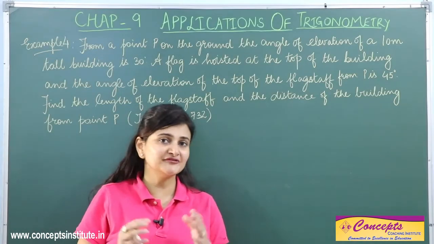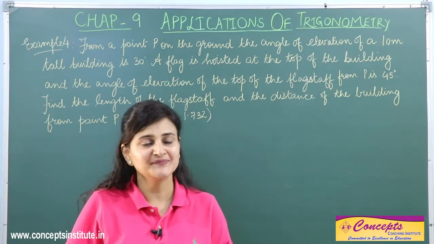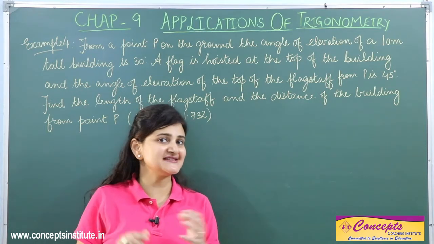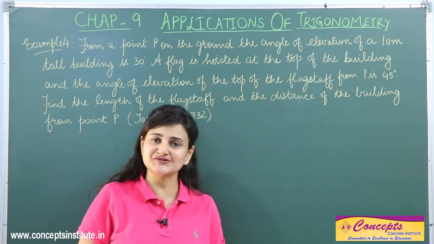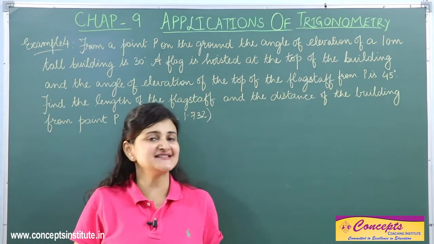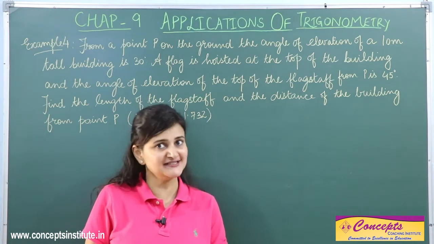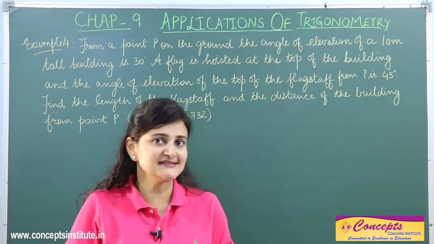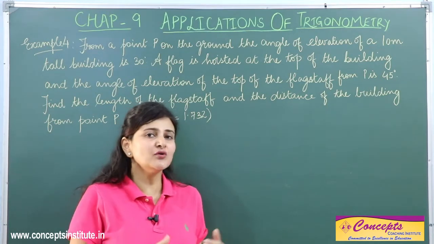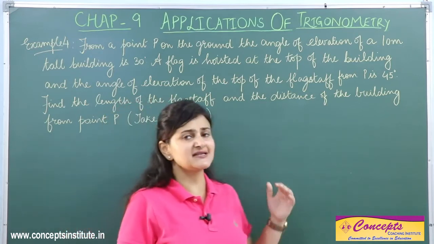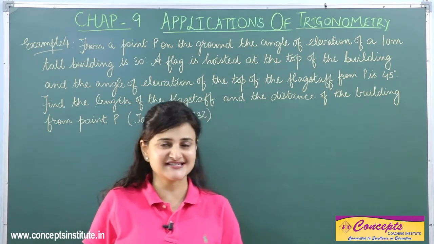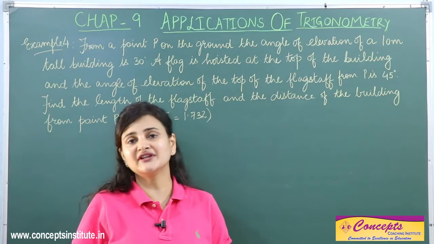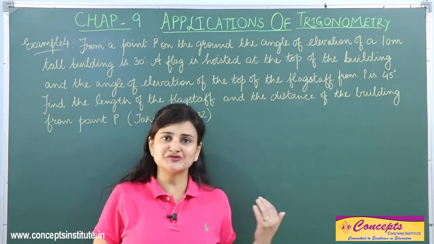Right, students, now before I start with example 4, I hope that you've got a basic idea of how trigonometry is used to find the heights of buildings or the distance between two distant objects. Now students, you must be wondering how come we are always getting the angles as 30 degree, 45 degree or 60 degree. It is not always that when we measure angles they come out to be these.